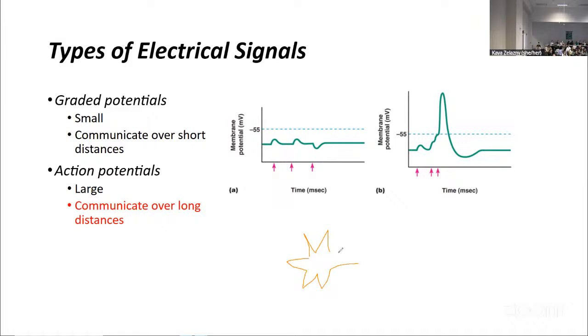And the soma, then we have our axon hillock, then we're going to have our axon, and eventually some axon terminals. The lazy neuron, but different than a circle. We're going to be thinking about graded potentials as collecting here through these incoming signals to the soma, to the body of the neuron itself.